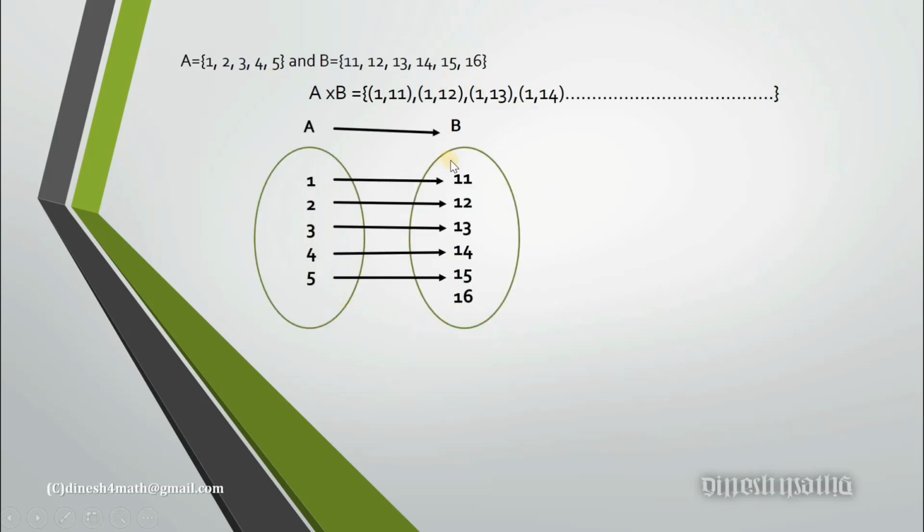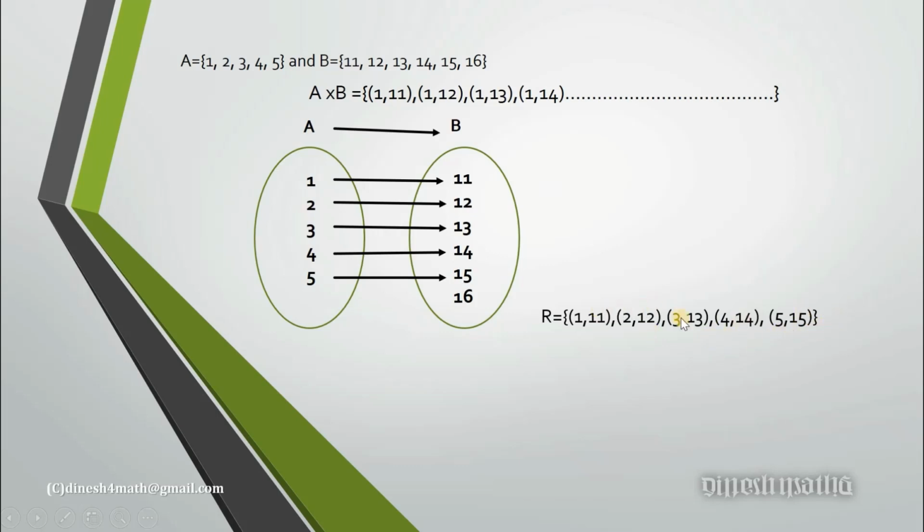Now I have taken another example here, a specific arrow diagram using the same sets A and B. If you notice, I have marked 1 to 11 and 2 to 12, etc. If I write these elements in roster form, it looks like (1, 11), (2, 12), (3, 13), (4, 14) and (5, 15).